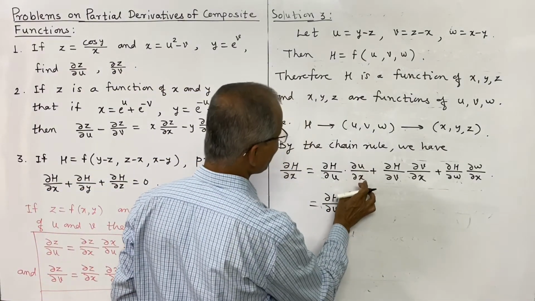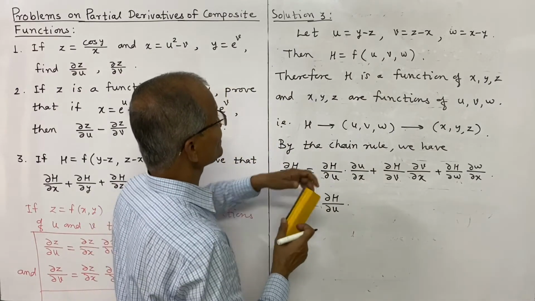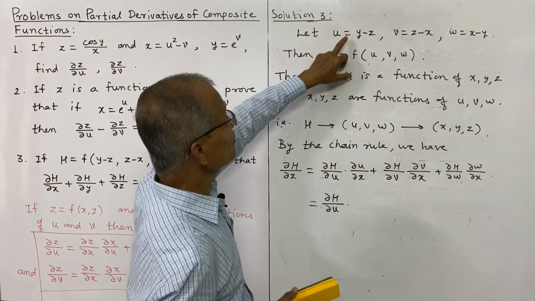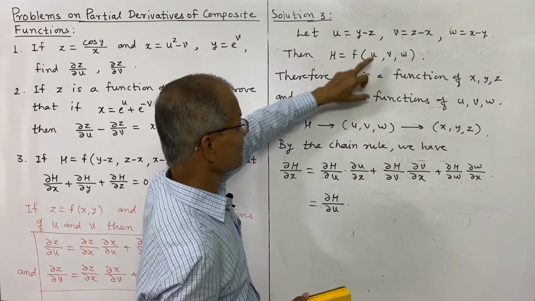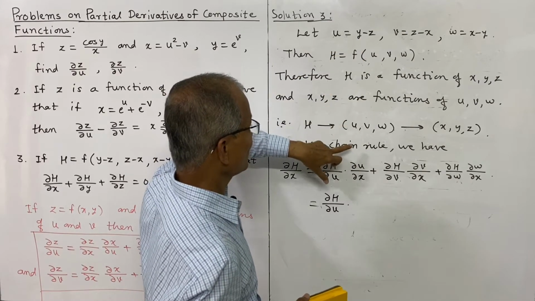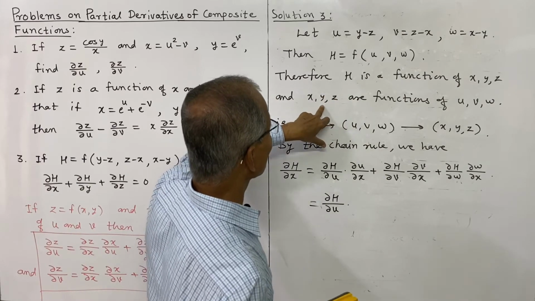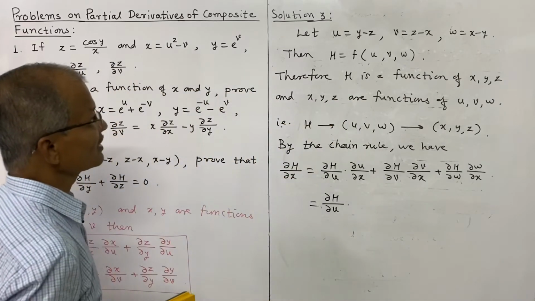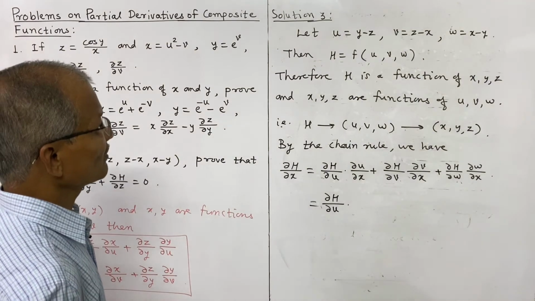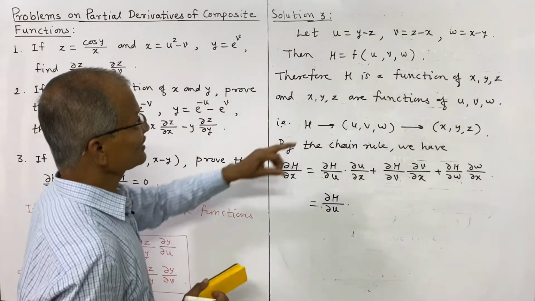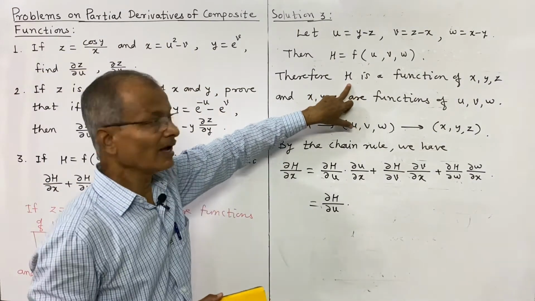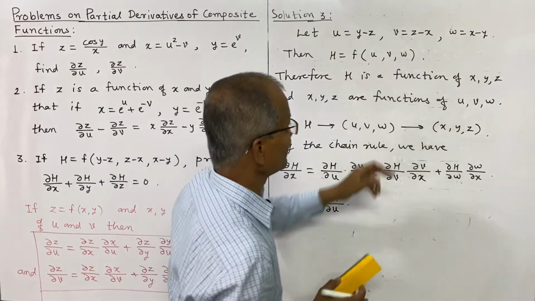But now u is expressed as a function of x, y, z. U is given as y minus z. So we have written x, u, v, w. H is function of x, y, z, and see, one thing is h we have written in reverse way. First you see, this is to be corrected. H is function of u, v, w.